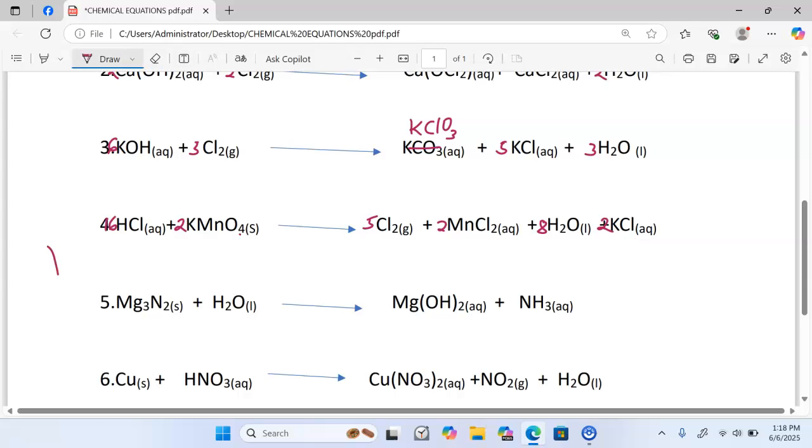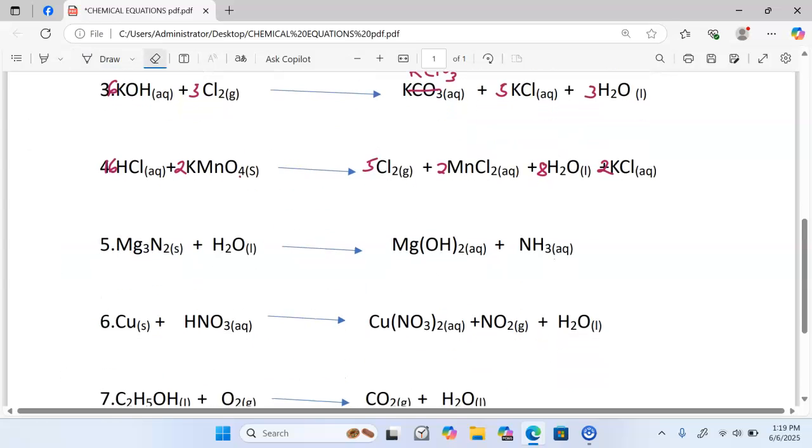We go to magnesium nitride reacting with water to give us magnesium hydroxide and ammonia gas. We can balance the equation first by balancing magnesiums.